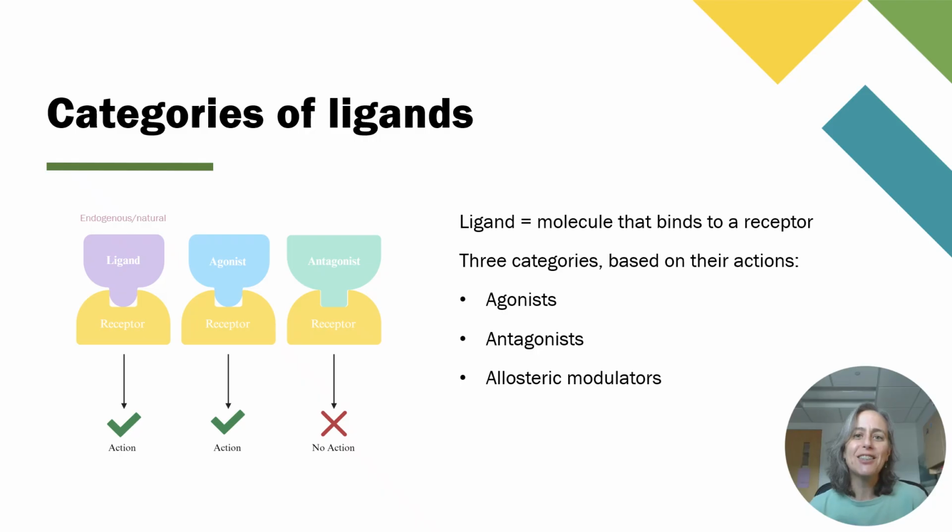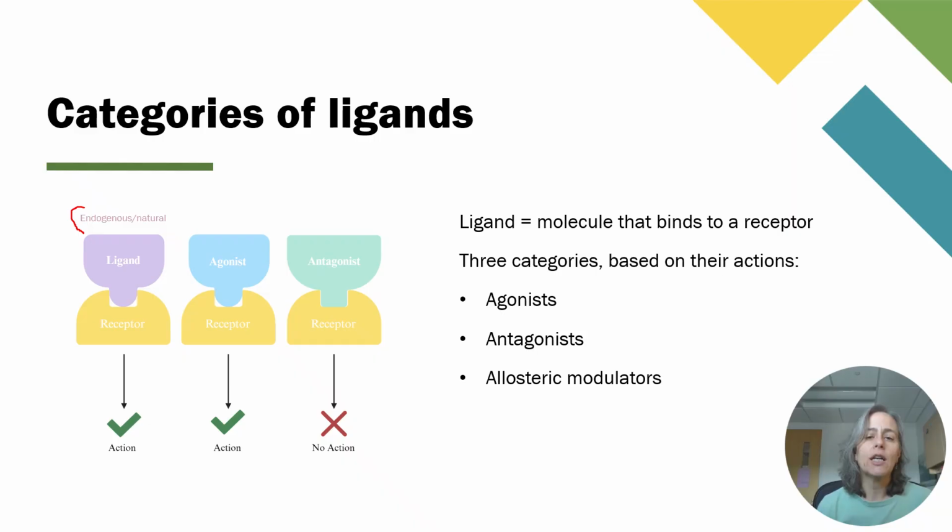Okay, just like there are different types of receptors, there are different types of ligand. Remember, a ligand is a molecule that will bind to its specific receptor. You can think of your endogenous, or natural, ligand, right? So acetylcholine, for example, is a ligand for acetylcholine receptors, yes?